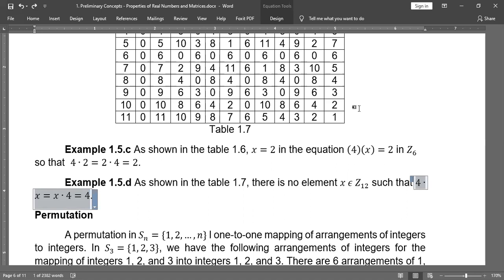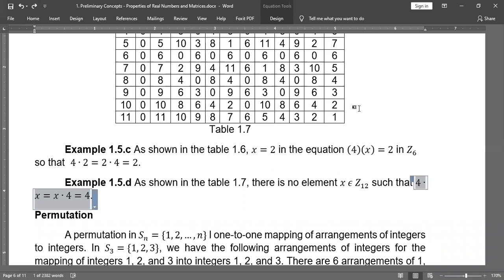Pwedeng i-copy na lang po namin yun, sir, tapos papalitan po yung 4. Or pwede nyo lang, sir, ilagyan ng statement: there's no solution, or there's no element x. There's no x element of Z12 to satisfy the condition.